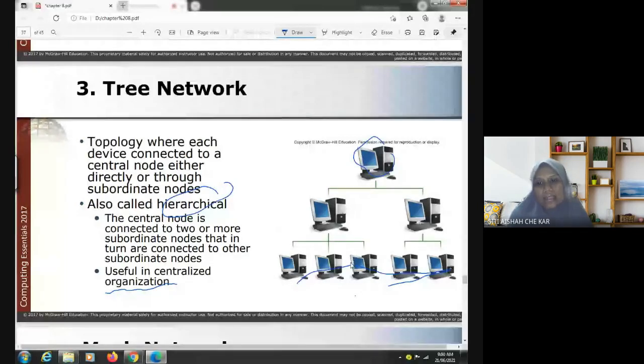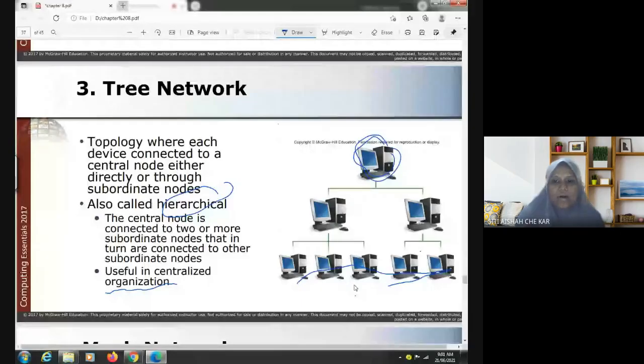So when we want to access the network, we have to pass layer by layer, so it will take time. But usually this one is applicable for organizations in terms of security, because sometimes this computer can control the rest of the other computers.